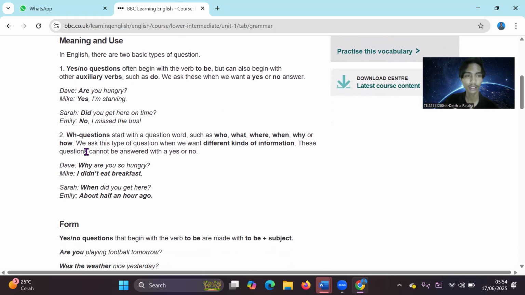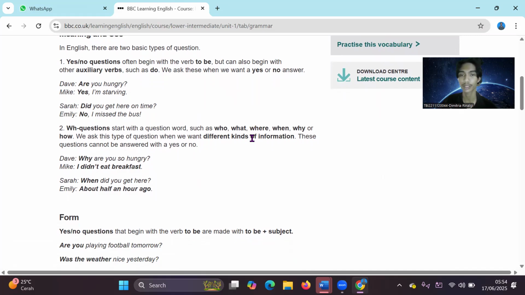And then for WH question forms. WH questions start with a question word such as who, what, where, when, why, or how. Do you understand, everyone? Okay, right. We ask this type of question when we want different kinds of information.